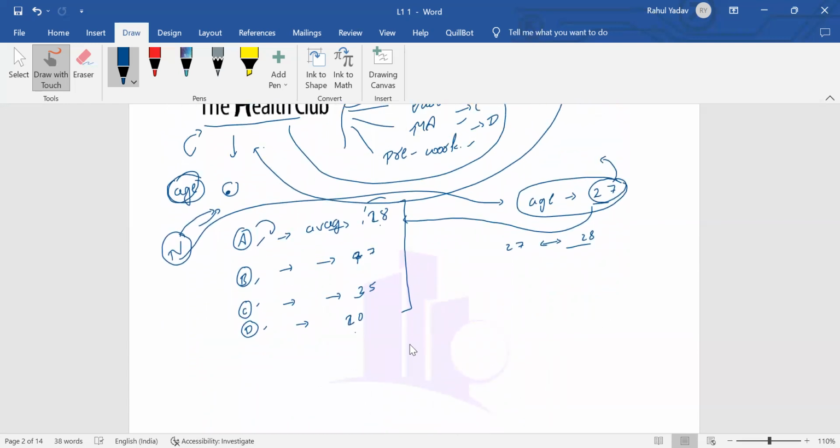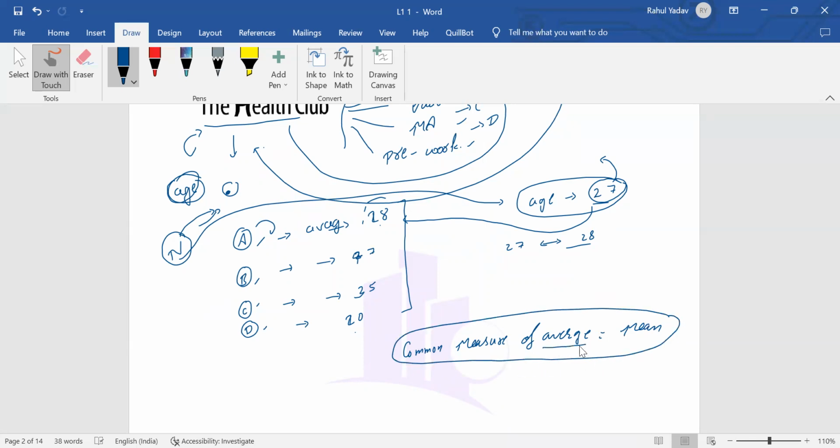We have some common measures of average, and one is the mean. That is to say, we have various kinds of averages, and out of these, a particular type of average is known as the mean. And do you know how we calculate the mean? It means add up the numbers and divide by the total number of numbers.